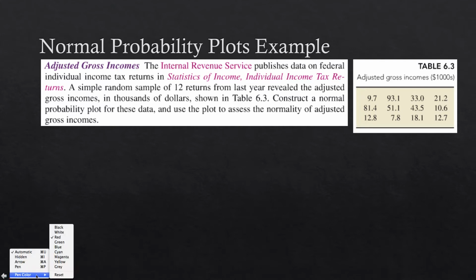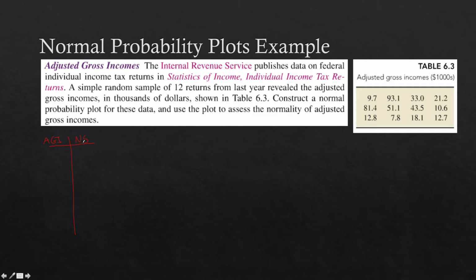Take your values, and we're going to have a T-chart. I'm going to call it AGI, adjusted gross income, and then you're going to have your NS, your normal score. Okay, so we need to put these adjusted gross incomes in numerical order.